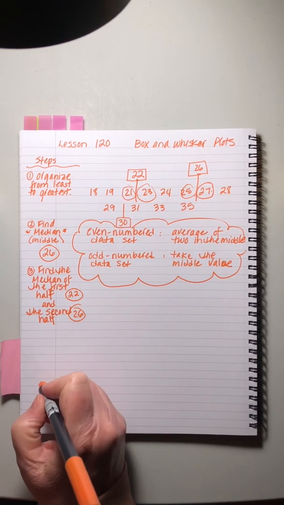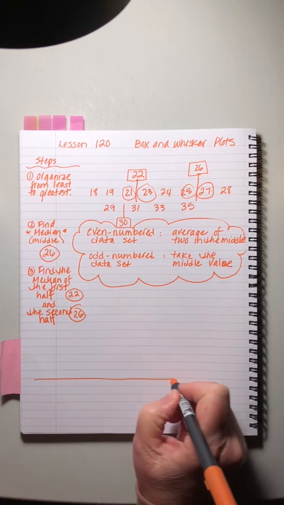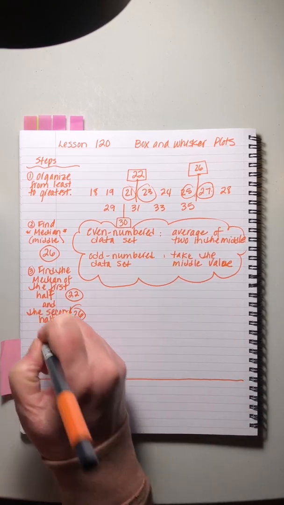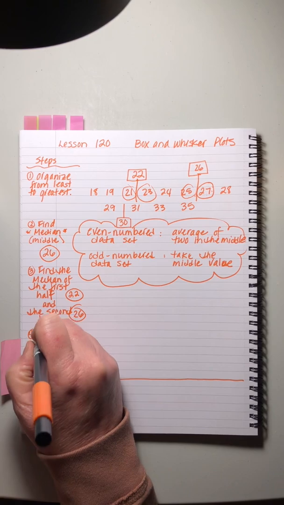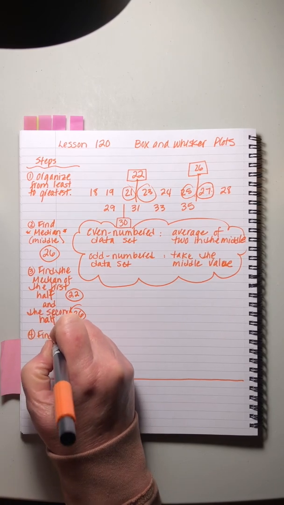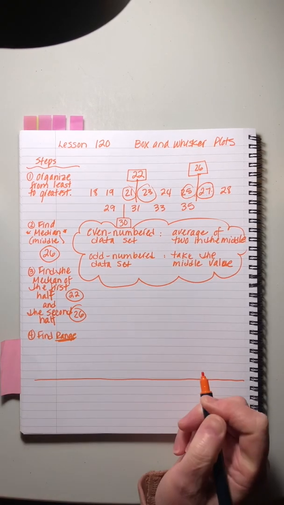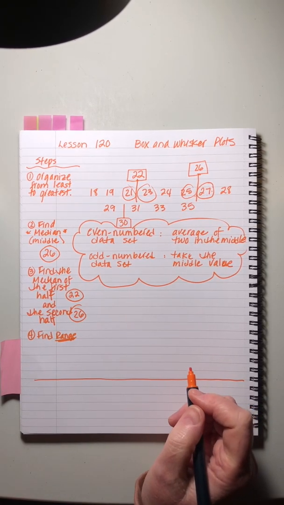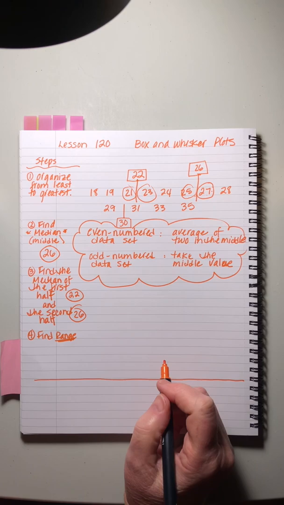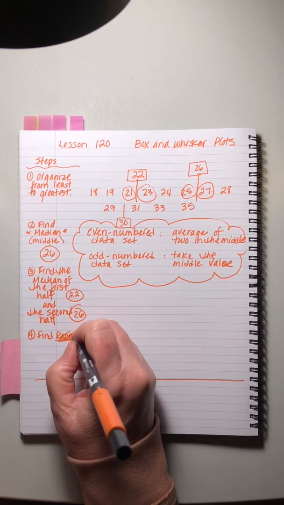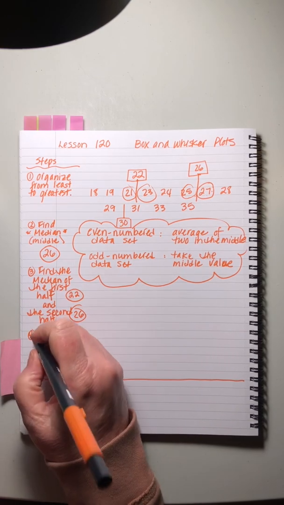So what we do is we put the number line underneath, and the other thing that we want to do is find the range. Right? And the range, remember, is just... I guess we don't really need the range. We need the high and low points. Let me change that. The range is the difference.